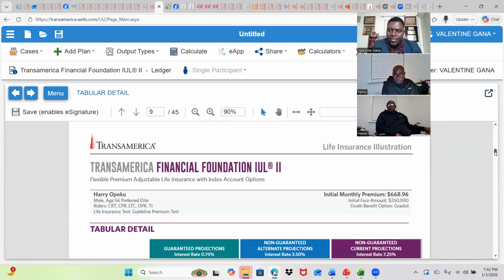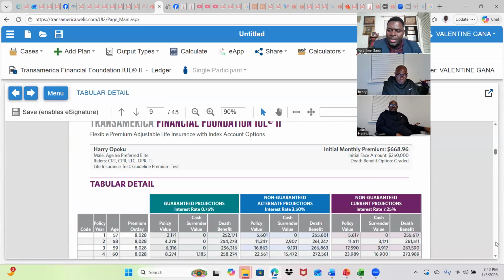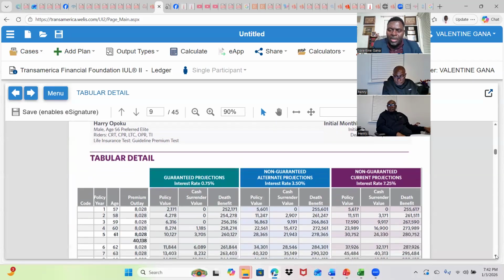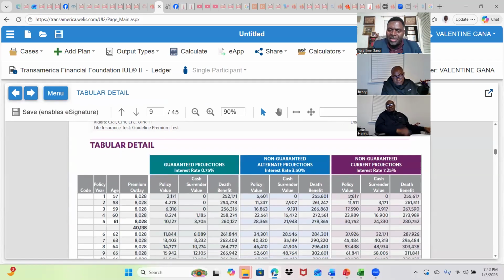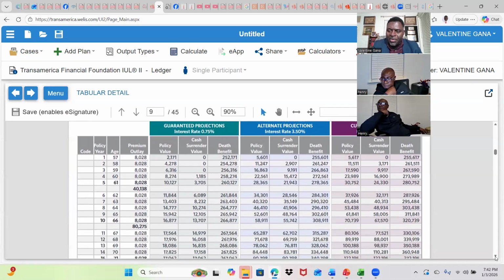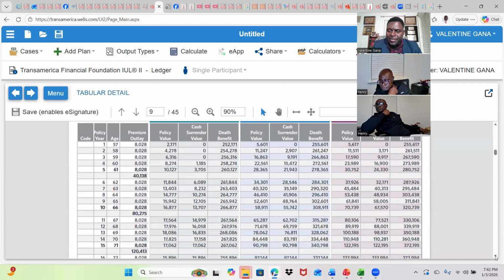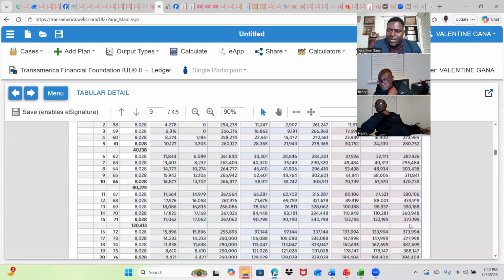Right here. So you see that here, as you start building cash policy value, your death benefit is also increasing. That is graded. You can see that here. Death benefit is also increasing.